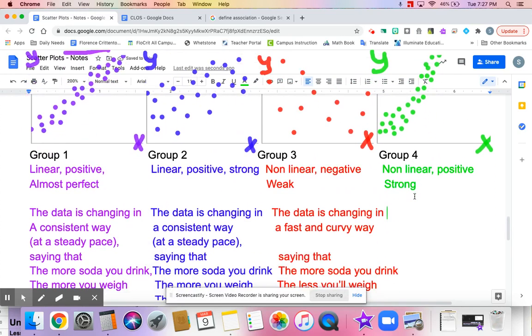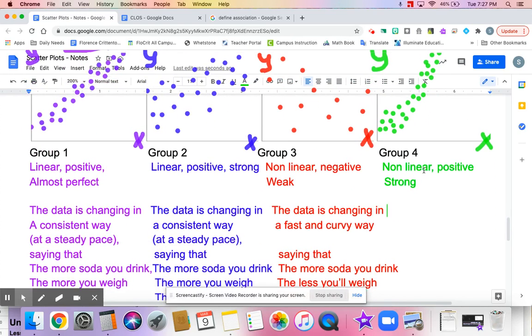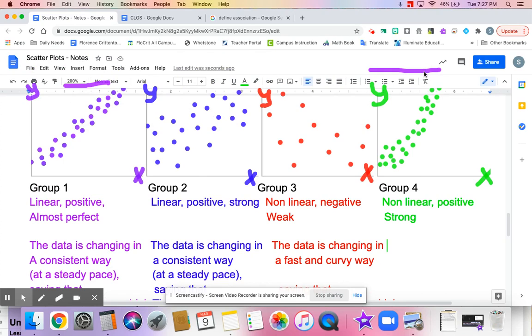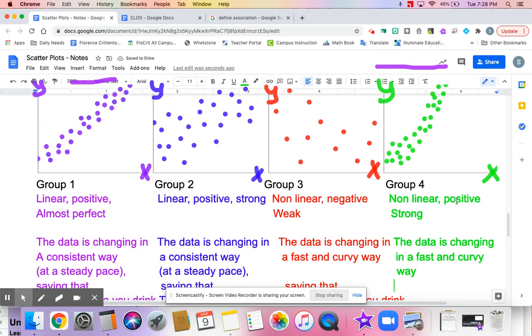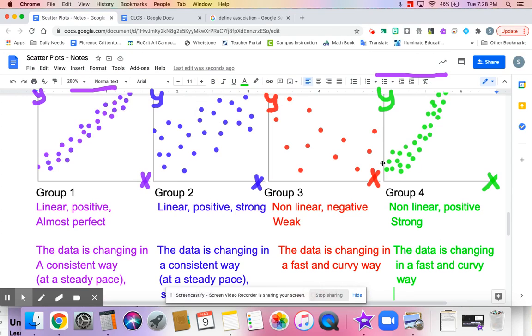And finally, for the last one, again, it's not linear, it's changing in this way that's pretty fast, like it's shooting up really fast. And it's curving. So the data is changing in a fast and curvy way. So that's what the nonlinear is saying. The fact that it's positive is again saying more soda, more weight.